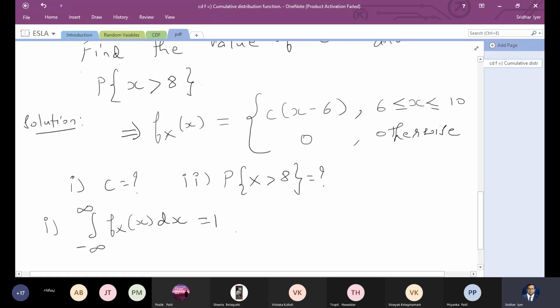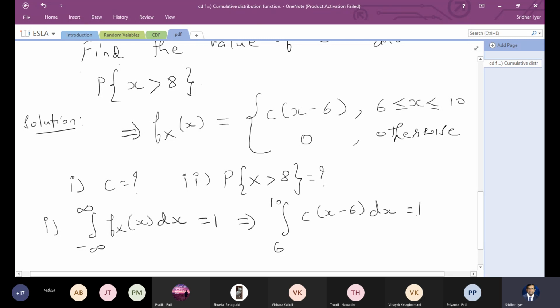Now this is from minus infinity to plus infinity. So we are just going to modify this according to the scenario in this numerical, and the limits here will become 6 to 10. And now I will insert the PDF value, which is c into (x minus 6) dx, and that value is equal to 1.